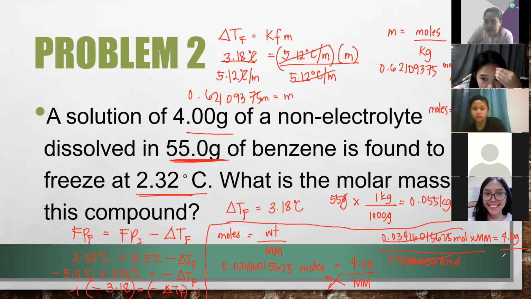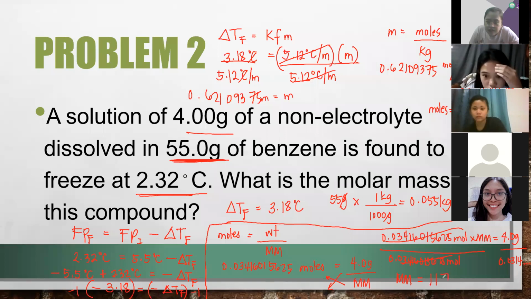Cancel. Medyo mahaba. Hindi ko na siya isulat kasi wala na akong space. But ito yung lahat na numbers. So molar mass is equal to 4 divided by 0.03416015625. Round off to 2 decimal places.